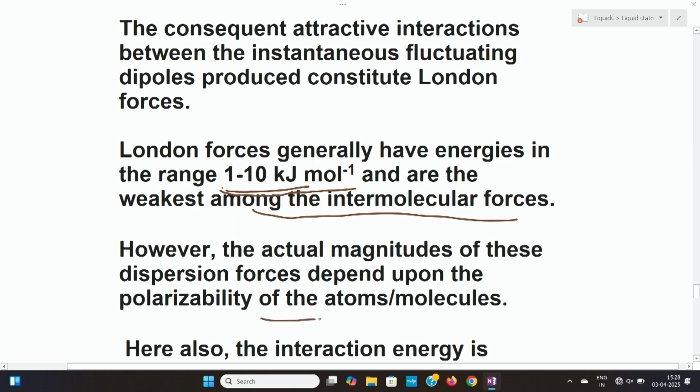The magnitude of these induced dipole and induced dipole forces depends upon the polarizability of the atoms or molecules. Here we have two nonpolar molecules, and how fast one can distort the electron cloud of the other determines the polarizability.